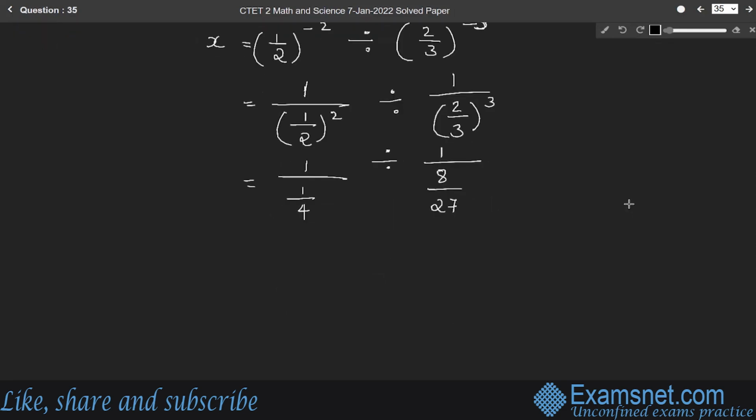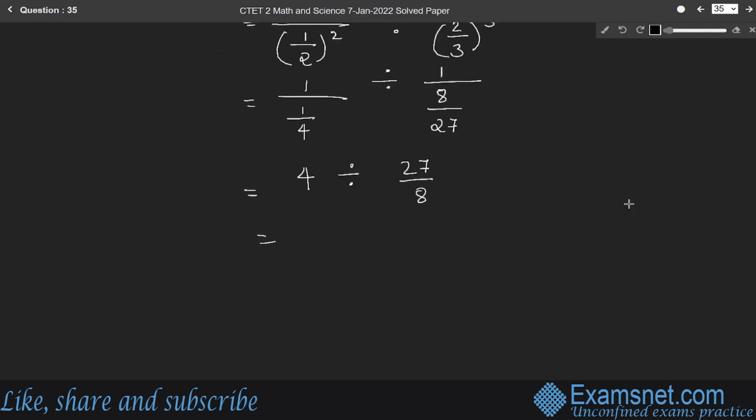Therefore 1 by 1 by 4 is 4, divided by 1 by 8 by 27 is 27 by 8. So 4 by 27 by 8 becomes 4 into 8 by 27, right? So x is equal to 32 by 27.